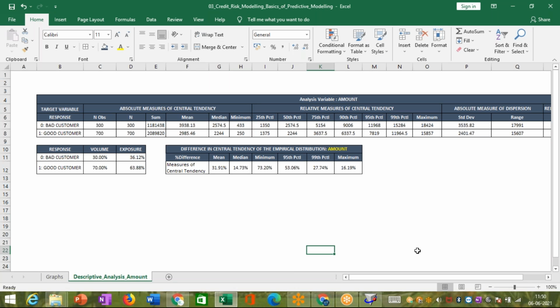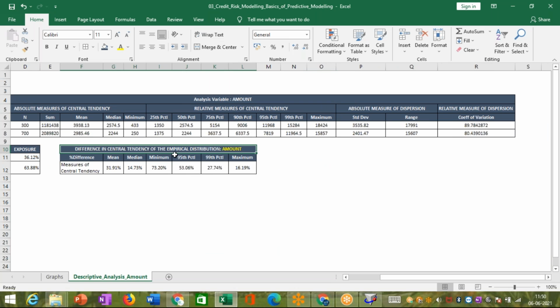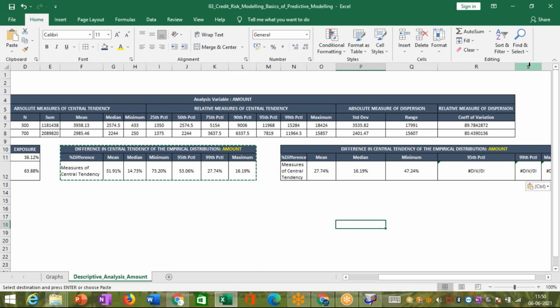Now, similarly, over here, I have three measures.